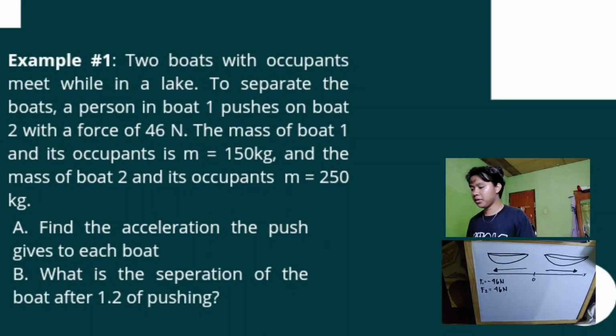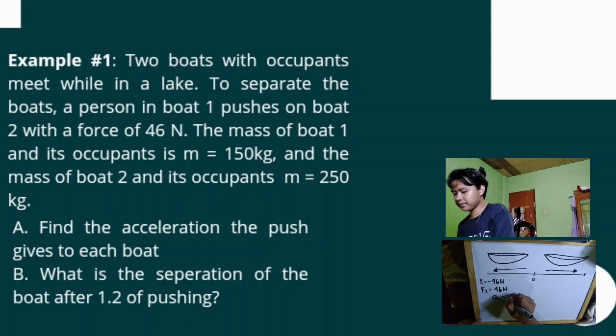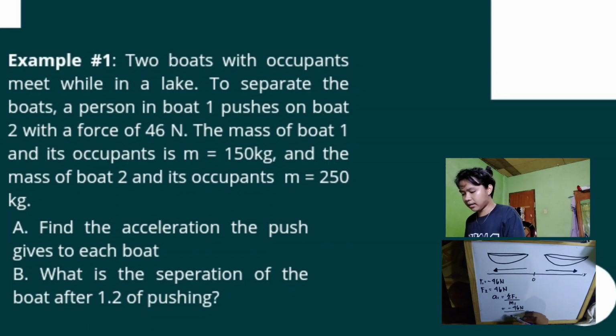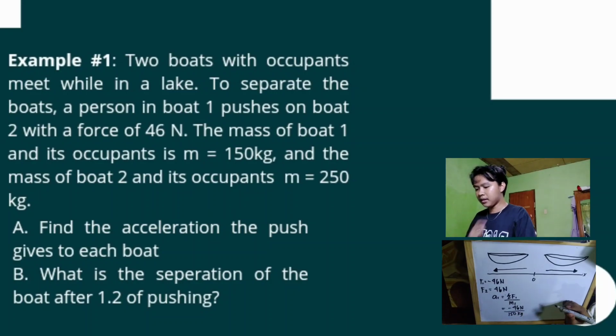So now let's move to a1. Summation of force 1 over mass. Substitute. The value of summation of force 1 is negative 46 Newton. Negative 46 kasi pakaliwa siya. And the mass is 150 kilogram.